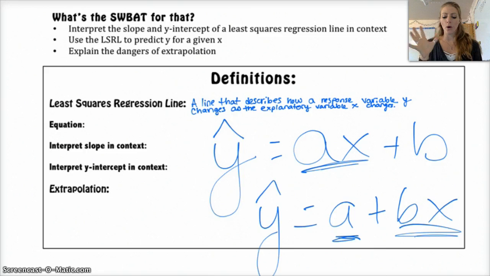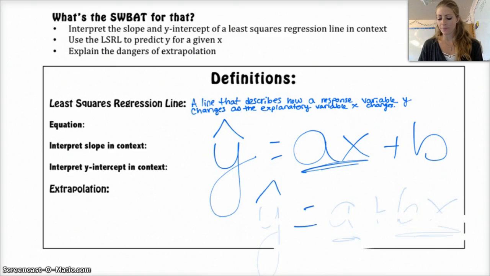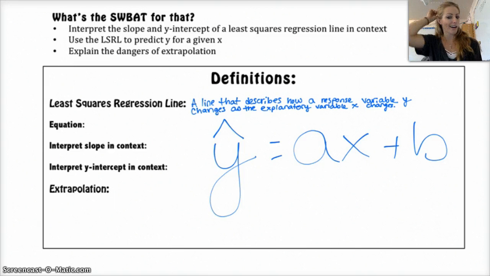And then when you're writing out the line of best fit, you always have to include the context. So say, for example, my x variable is age, for whatever reason, and y hat is the number of children or something.